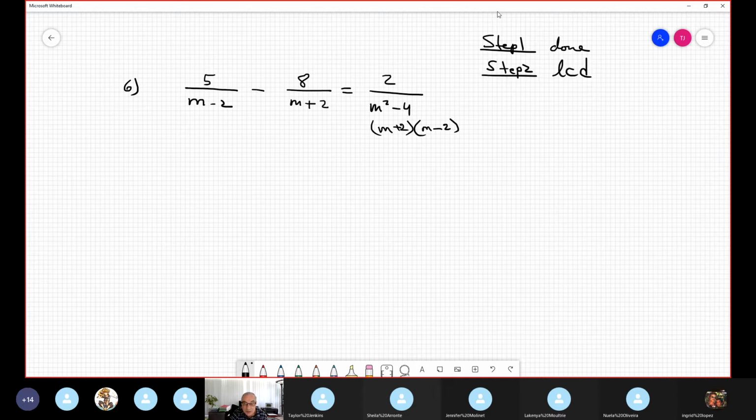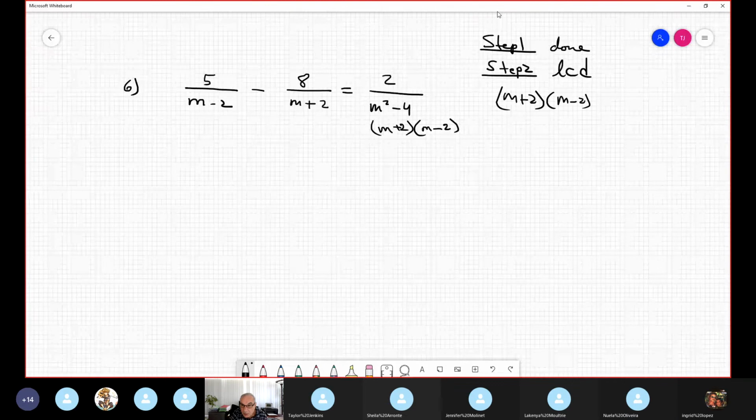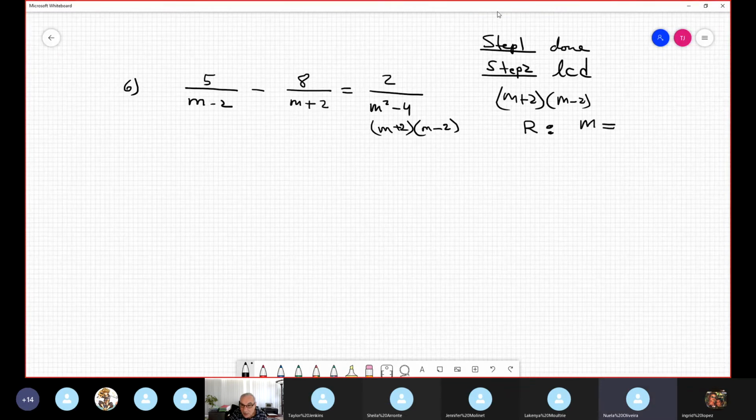What is the LCD in this case? M plus 2 times m minus 2. Absolutely perfect. What is the restriction associated with the LCD? What is the bad guy? 2 or negative 2. Very well. And this is the bad guy. Any solution equal to this? Wrong. Now what is step 3?